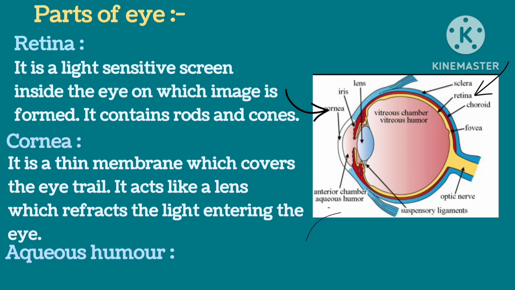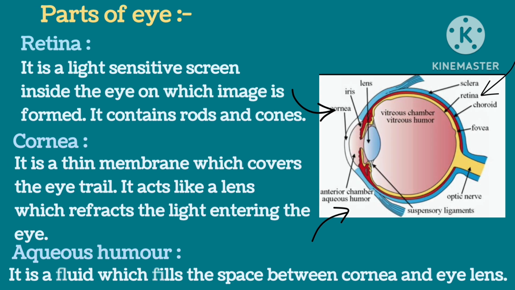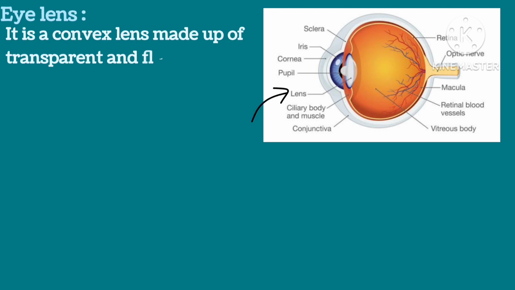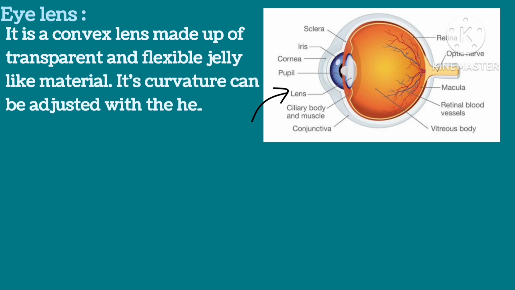Aqueous humor. It is a fluid which fills the space between the cornea and the eye lens. Eye lens. It is a convex lens made up of transparent and flexible jelly-like material. Its curvature can be adjusted with the help of ciliary muscles.